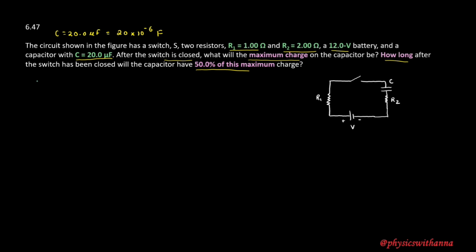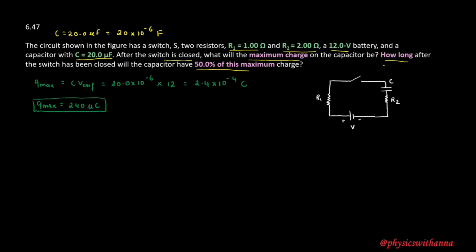We can find the maximum charge Q max by multiplying C into V EMF. So capacitance is 20 times 10 to the power negative 6, V EMF is 12 volt. That gives you the maximum charge to be equal to 2.4 times 10 to the power negative 4 coulomb, or you can also write this as 240 microcoulomb.